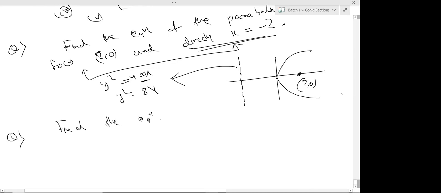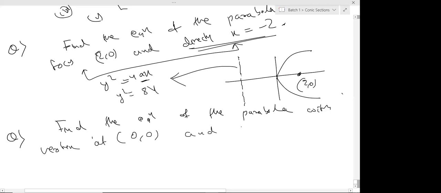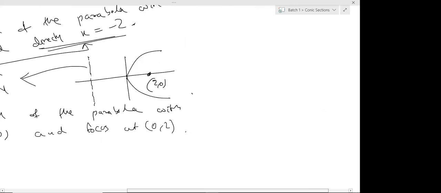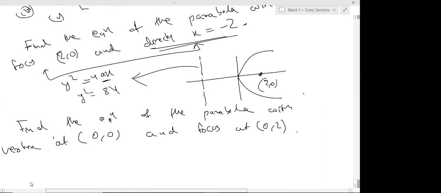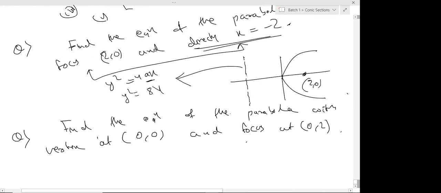Find the equation of the parabola with vertex at 0, 0 and focus at 0, minus 2.